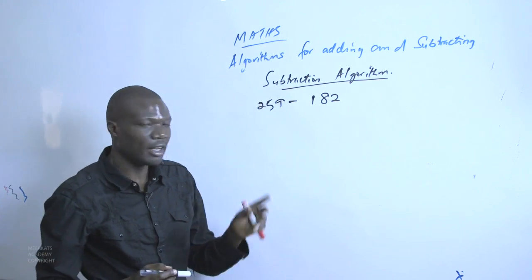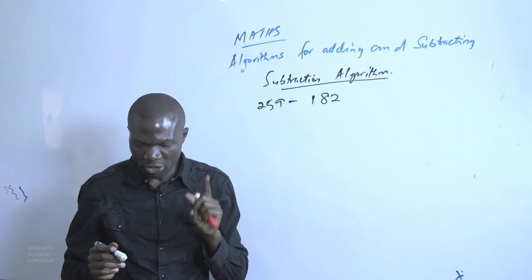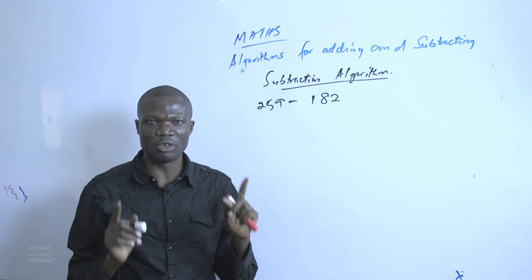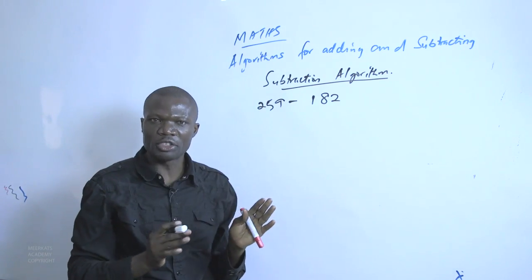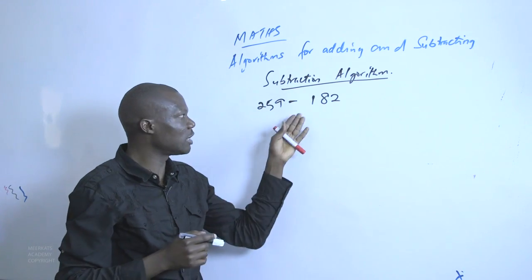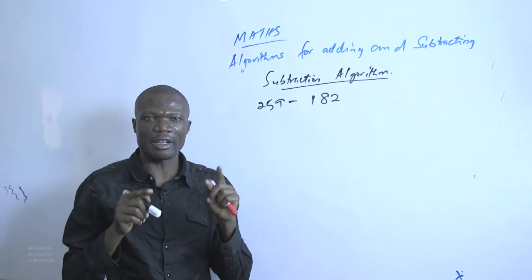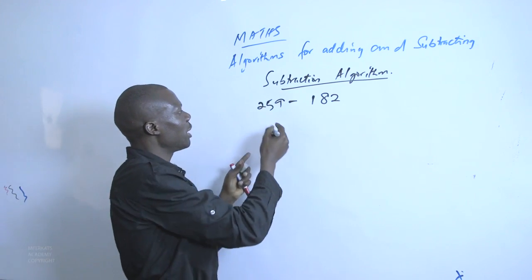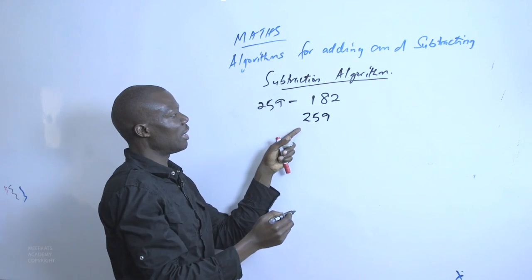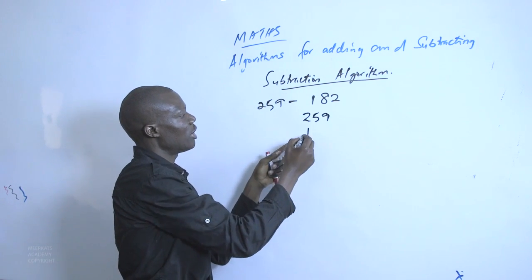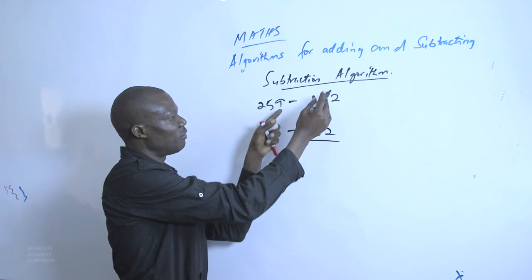Now, look here. From the steps we have been given, we need to know that the first step is very crucial and important of arranging these numerals vertically and each digit falling in the same column of another digit so that they are in the same place values. So doing that, we shall have 259, and then the next one is 182. Now, we have arranged it vertically.